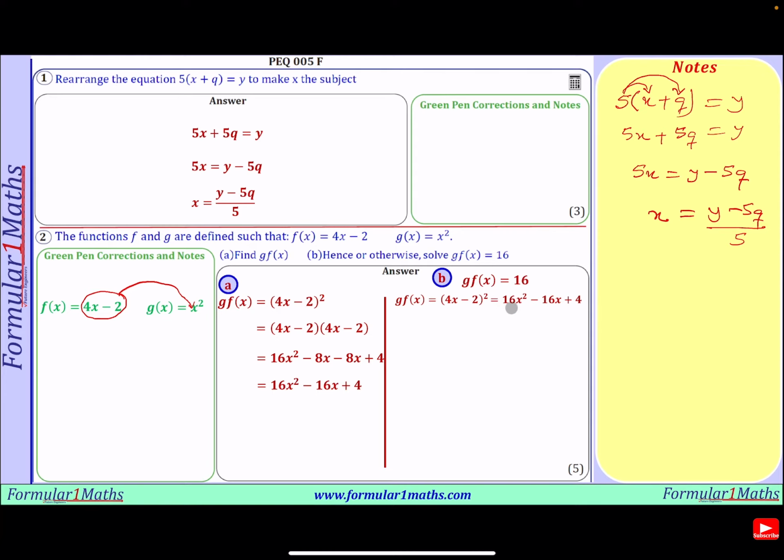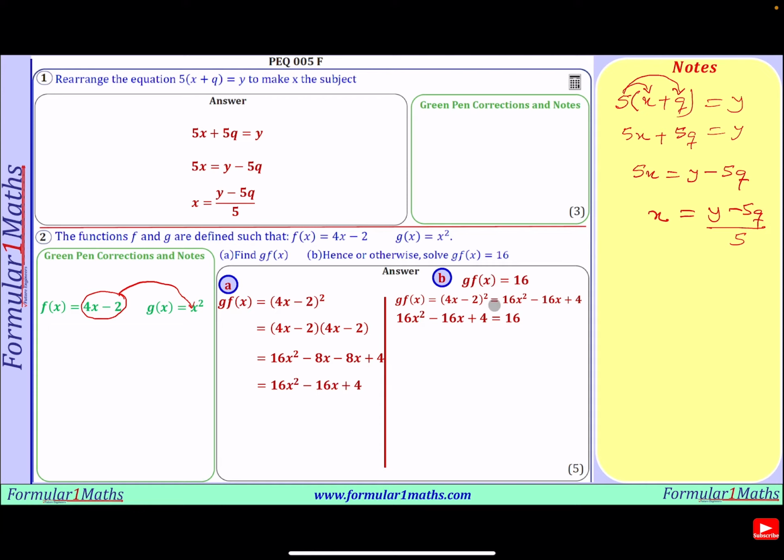Now we need to equate this to 16, because this is gf of x. So if we do that, we're going to get something like this. Then we can move the 16 to the other side of the equation.